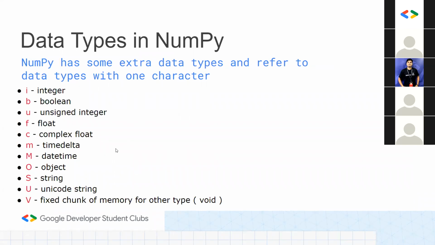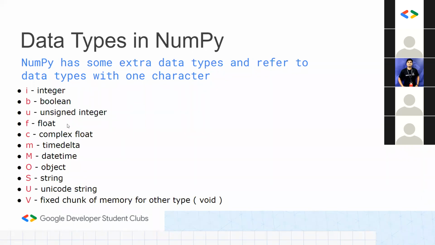Now let's see the different data types in the NumPy class. We actually have many more data types than the Python library standard one. And we usually represent these data types using a single character like I for integer, B for Boolean, and so on.